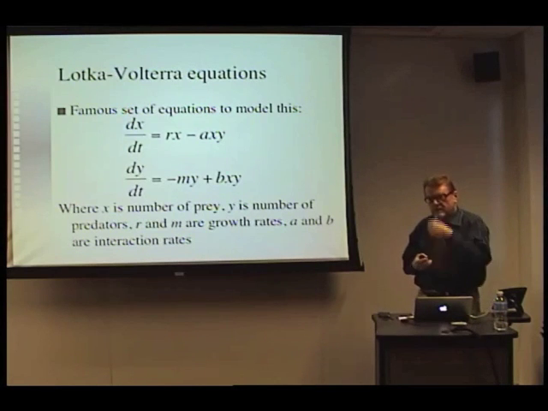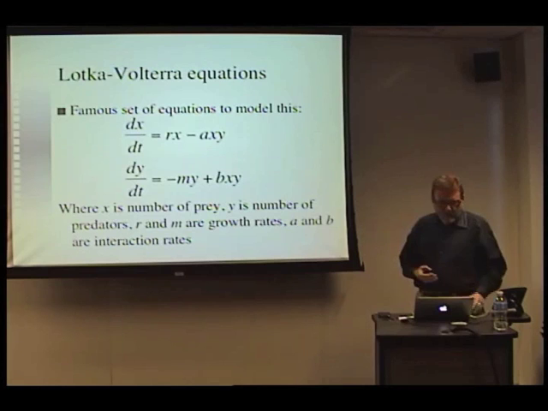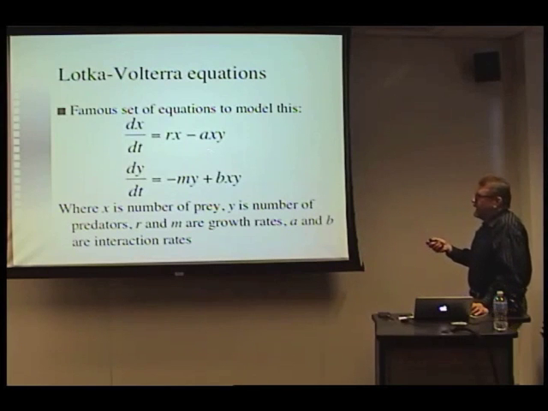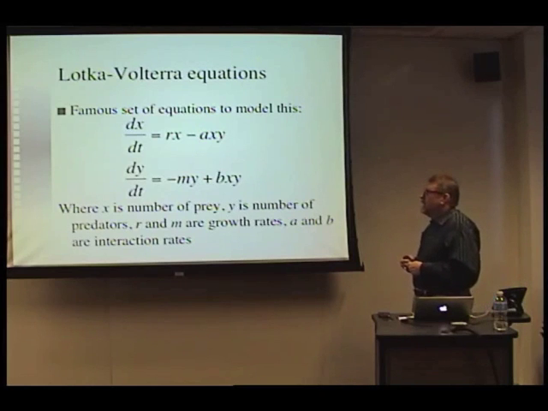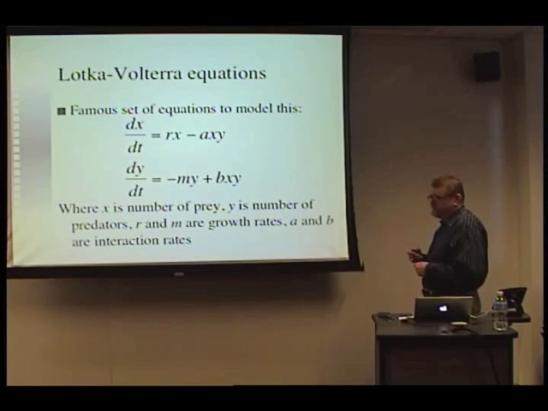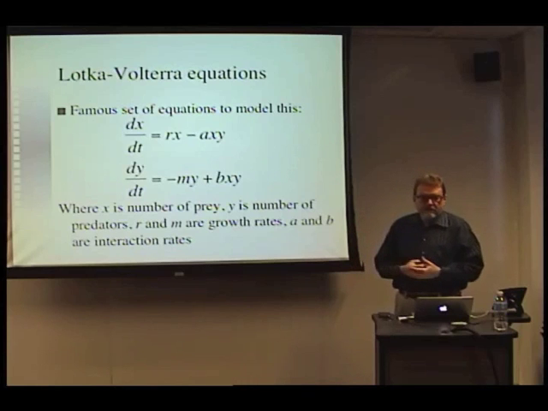So in other words, the more prey we have and the more predators we have, the more interactions between them and the more prey that are killed. Right? And the constant that tells us exactly how much are being killed is this constant a. Think of that as the probability that a prey will die if it encounters a predator.